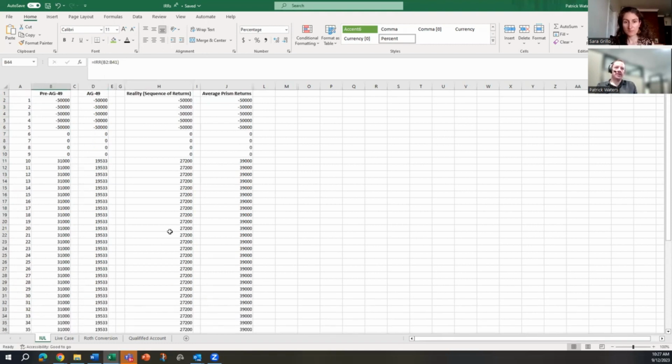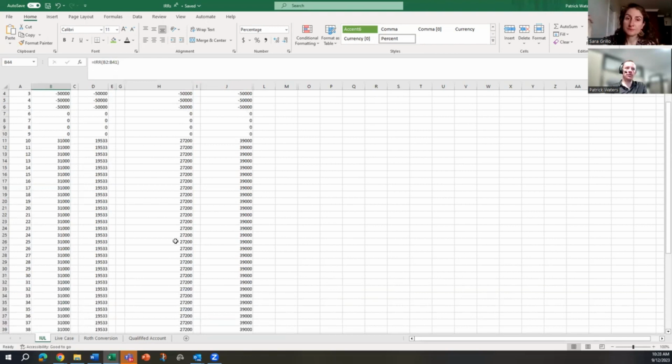Now we had to get to a point where we were inputting our own numbers and calculating them because of AG 49, we can't run the final two, which are the reality, which is the sequence of returns from 2001 to 2018. And I repeated those. So when I got to the end, I just started off at 2001 again.